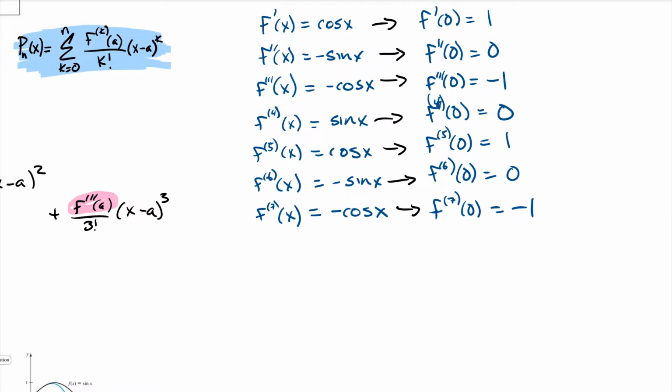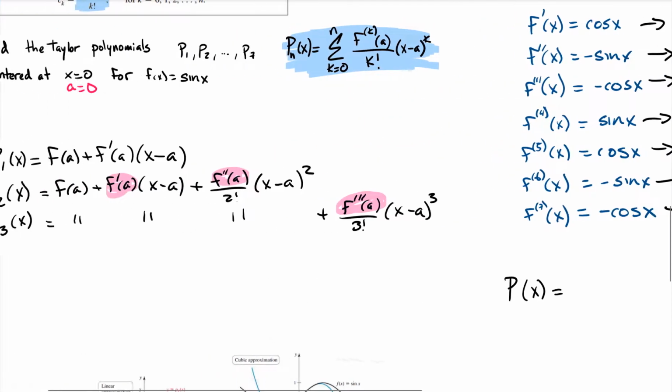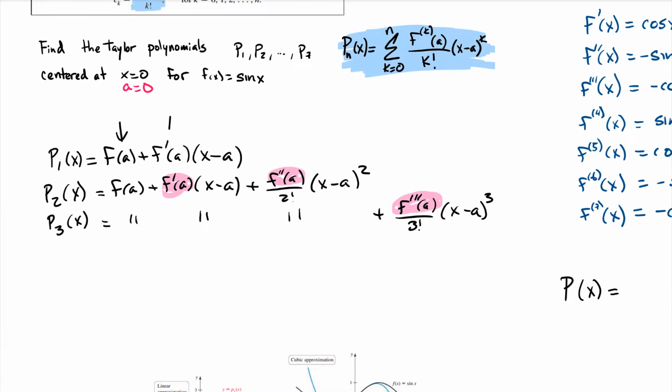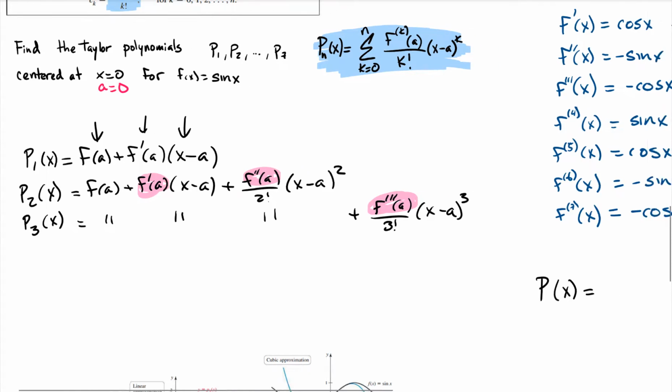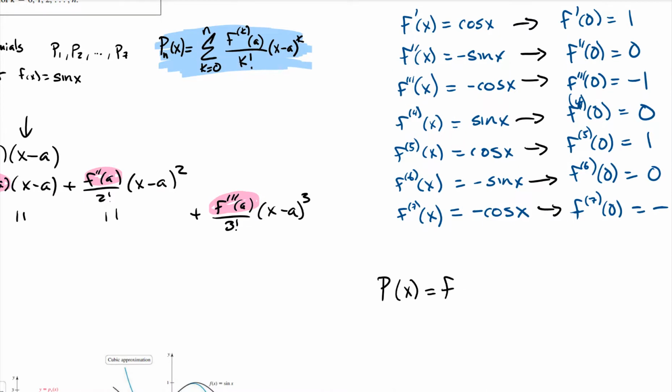Let's get it. So our polynomial expansion here is going to be, for our first one, what was that again? Oh, it's f of a plus f prime of a times x minus a, where a is just 0. So this is f of 0 plus f prime of 0 times x minus 0.